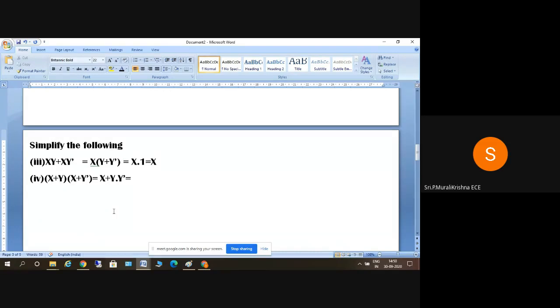So here y is y only, and z is y bar, so y into y bar is 0. So x plus 0, we get a value of x there. This is the second one.